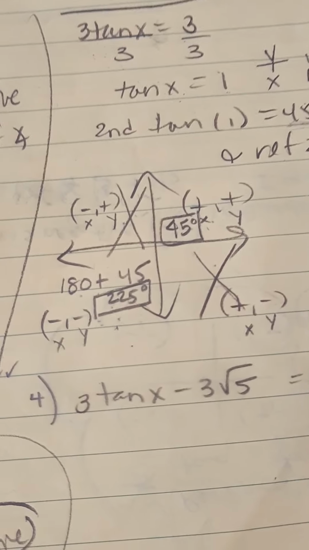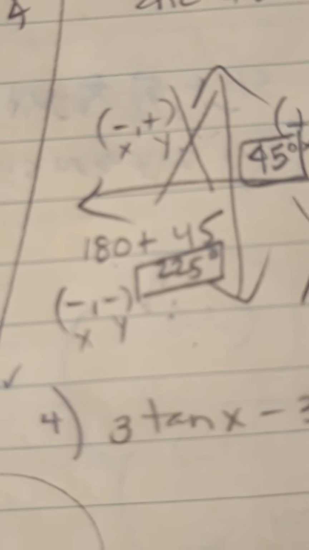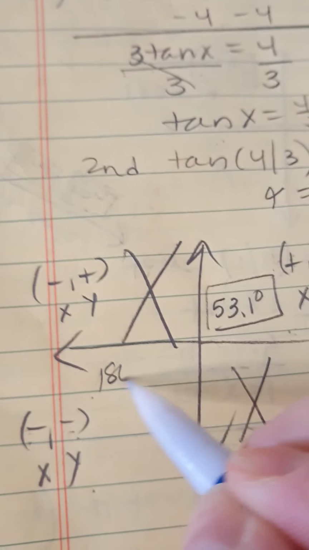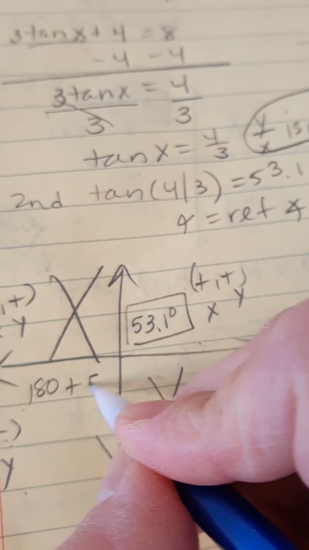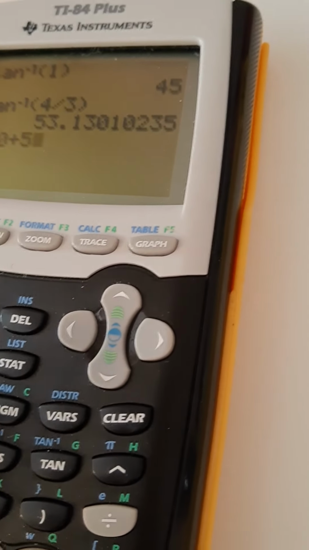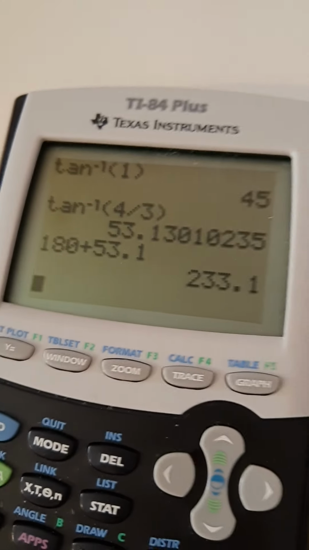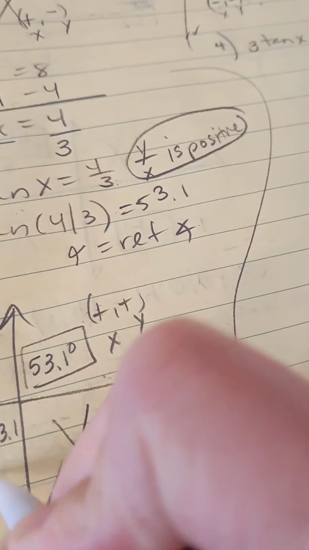I'm going back to the other examples, 180 plus. So in this quadrant, for this example, it's going to be 180 plus 53.1, which is 233.1 degrees.